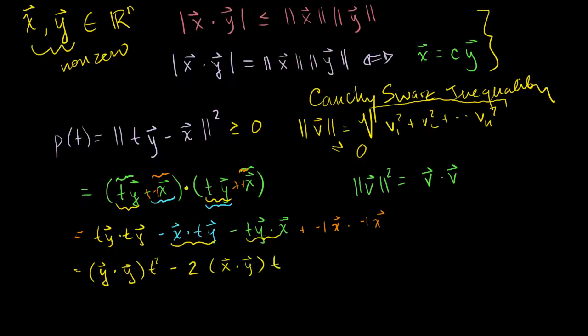And I should do that in maybe a different color. So these two terms result in that term right there. And then if you just rearrange these, you have a minus 1 times a minus 1. They cancel out. So those would become plus. And you're just left with plus x dot x. And I should do that in a different color as well. Well, I'll do that orange color.